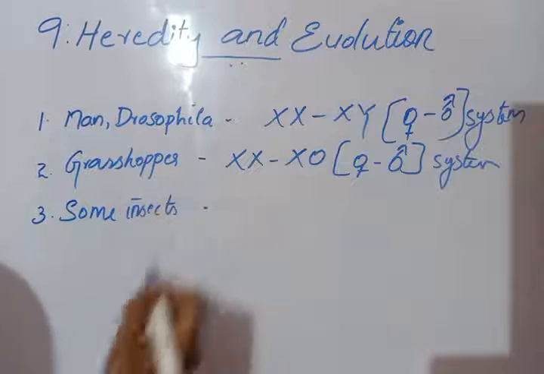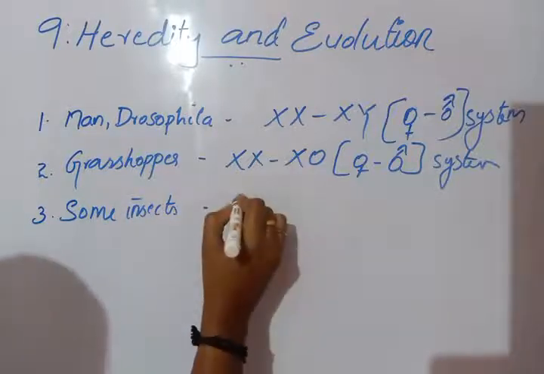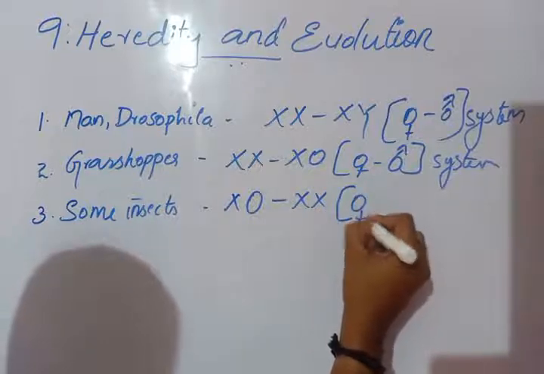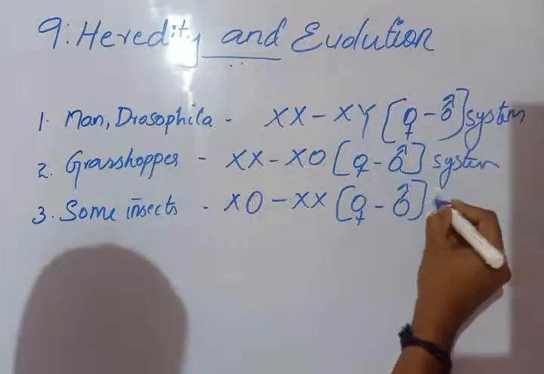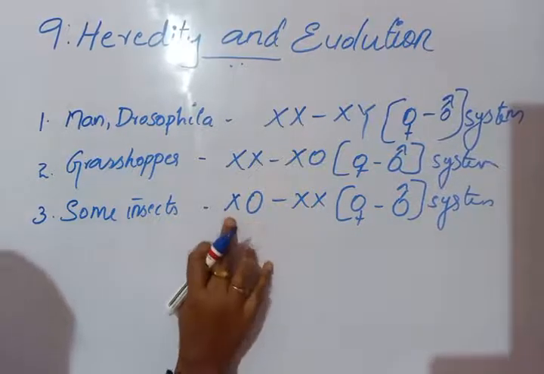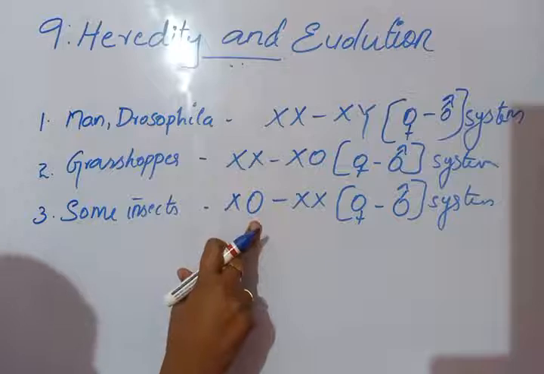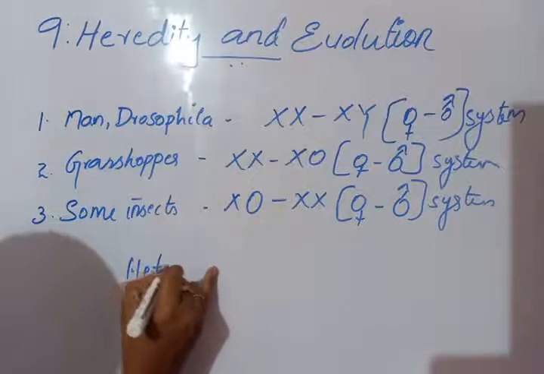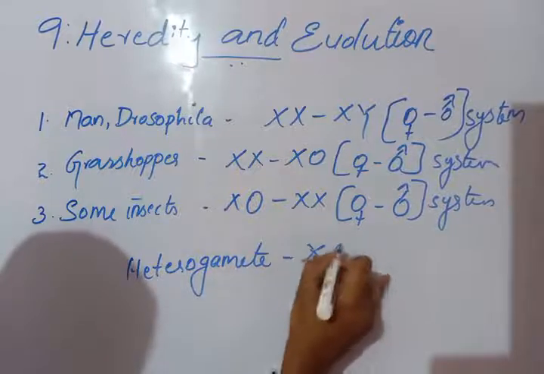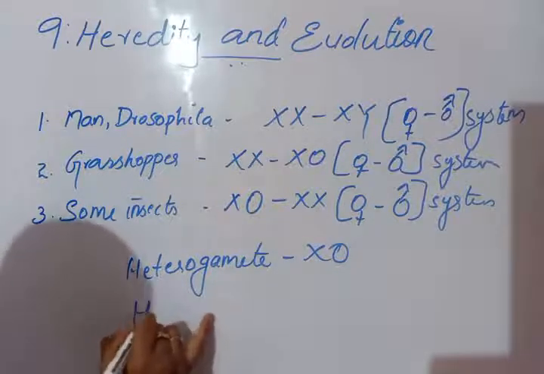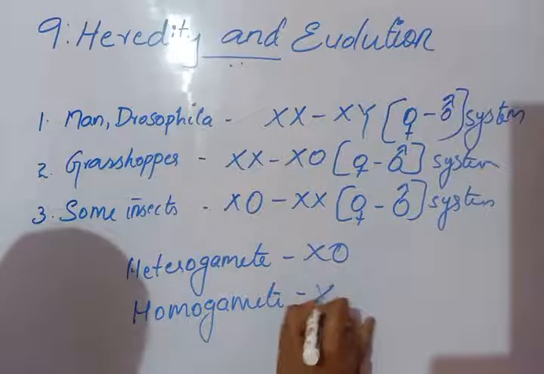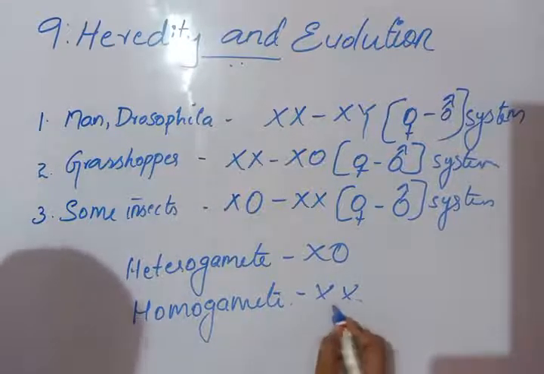Then come to some insects. In some insects, it will be the X0, XX system, that is the female-male system. So here the female is heterogamete, and the male is homogamete. Male is homogamete because homo means two are the same.